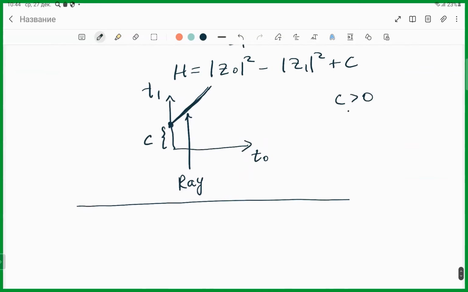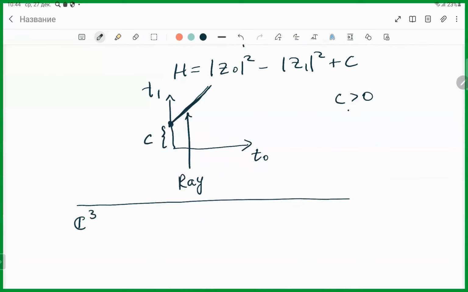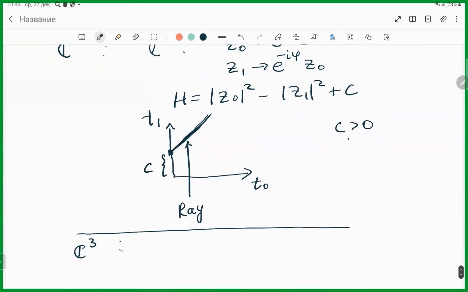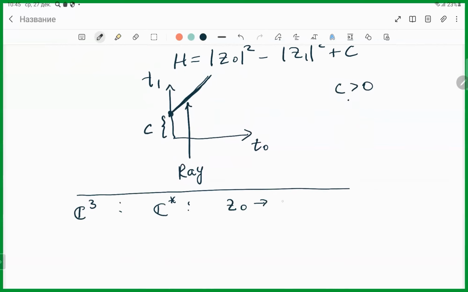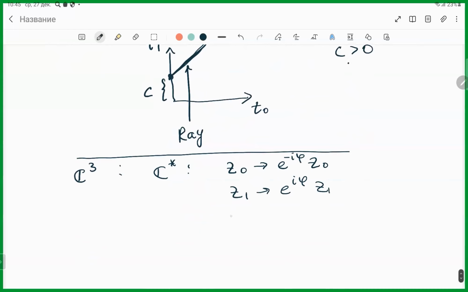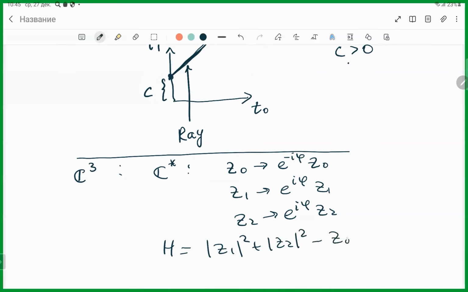And let me draw the last picture. Suppose I have C cubed, and I have C star acting as follows, with Hamiltonian that equals z1 squared plus z2 squared minus z0 squared plus c.